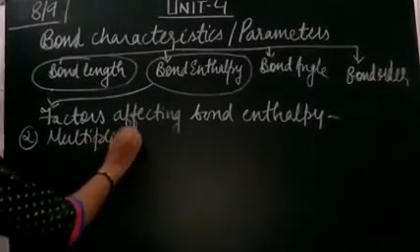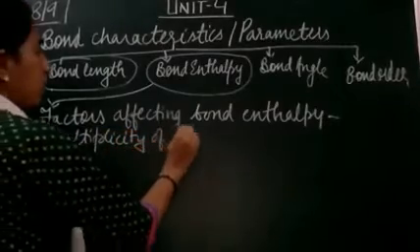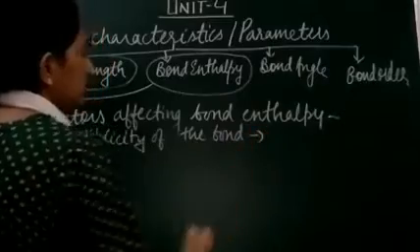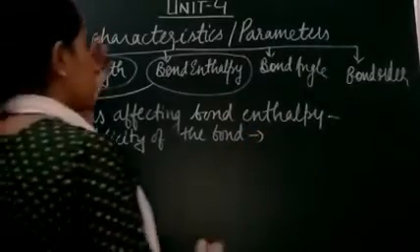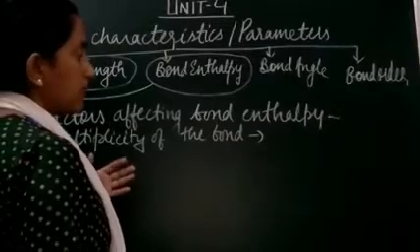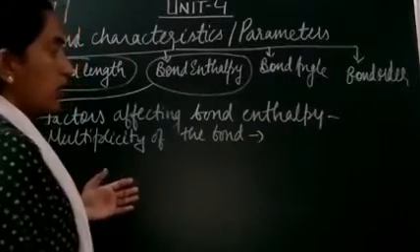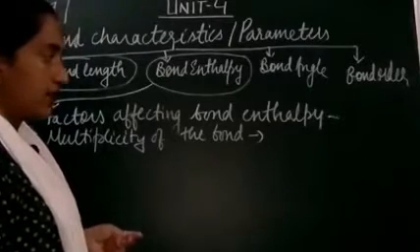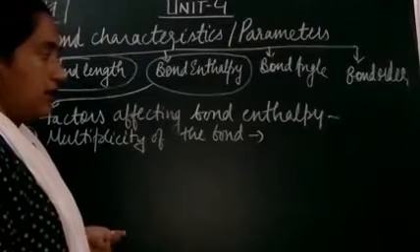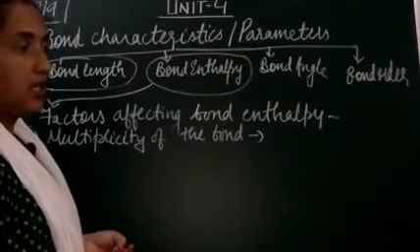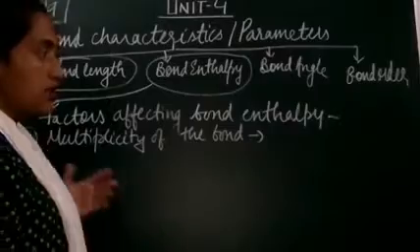So if the multiplicity of the bond is high, that is, the number of bonds between the two atoms is more, what will happen? They are going to be closer to one another, right? And more energy will be required to break the individual bonds, right?